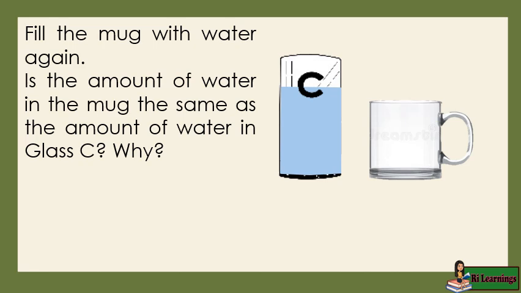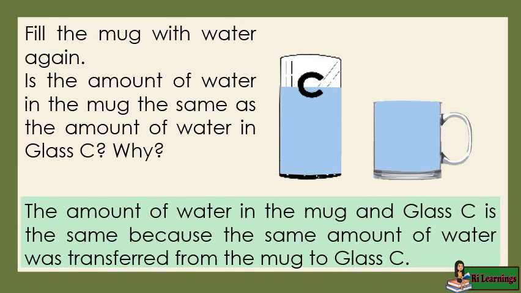Fill the mug with water again. Is the amount of water in the mug the same as the amount of water in glass C? Why? The amount of water in the mug and in glass C is the same because the same amount of water was transferred from the mug to glass C.